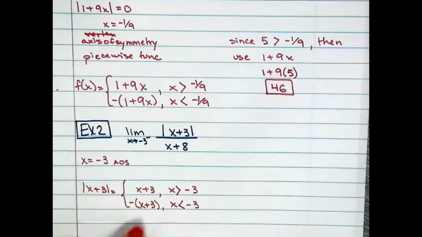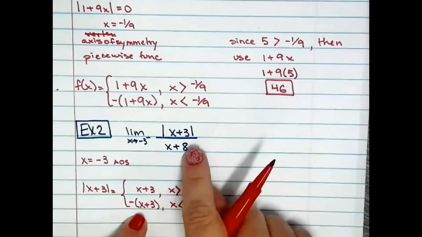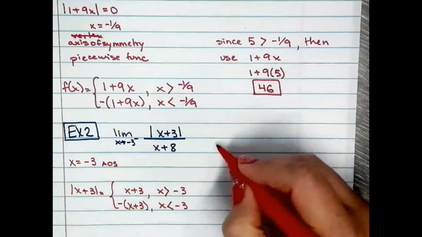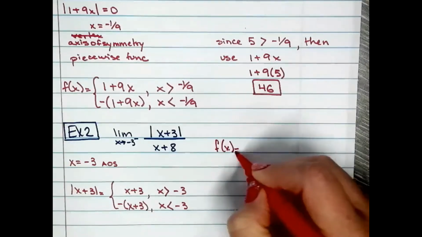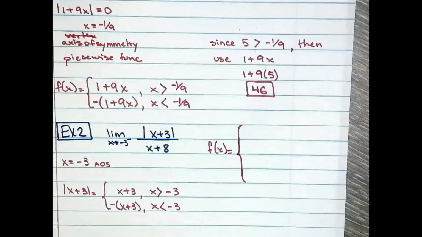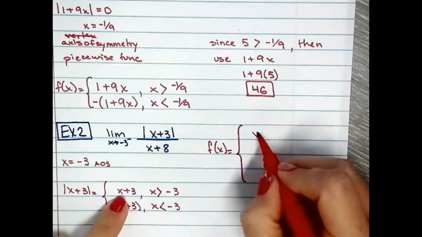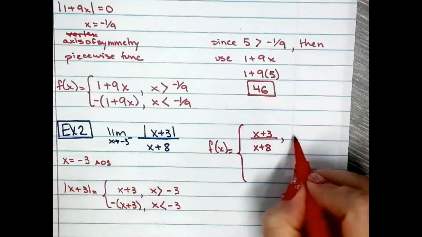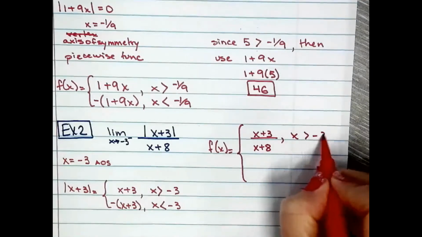Okay, so now I will write out the piecewise function for this whole thing right here, for this rational function. So f of x of this whole thing. So I have x plus 3 over x plus 8 only when x is greater than negative 3.